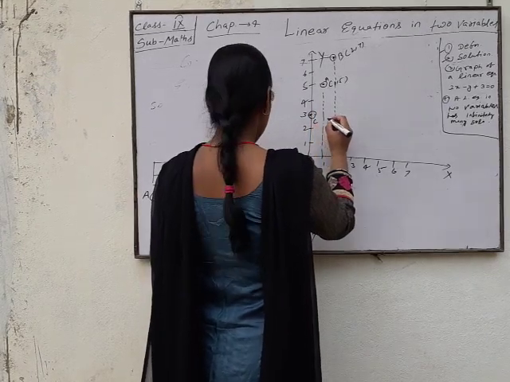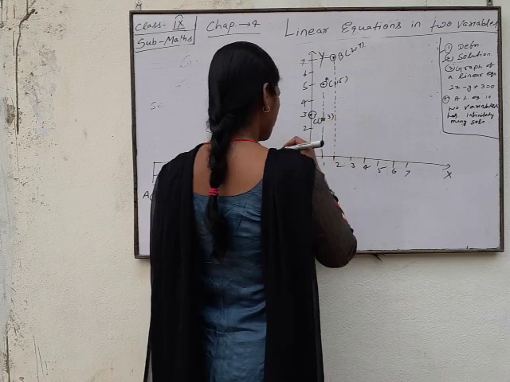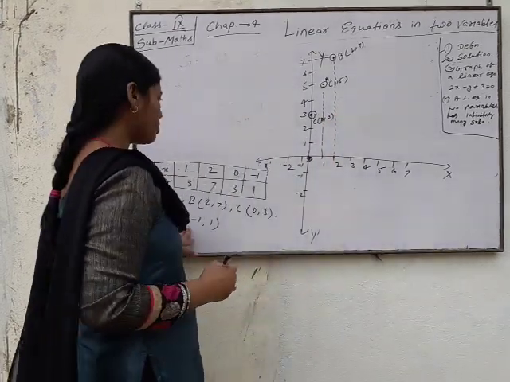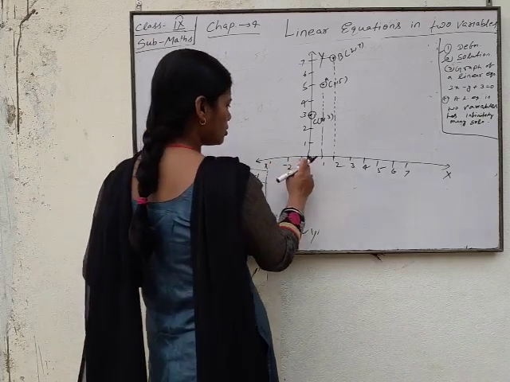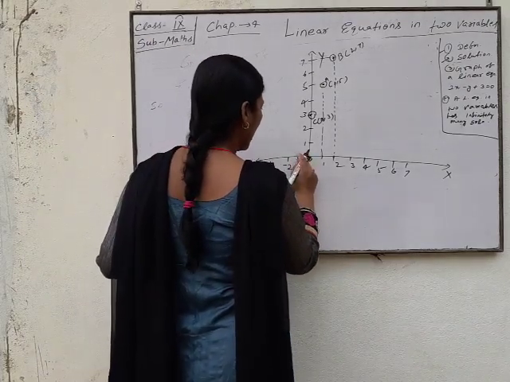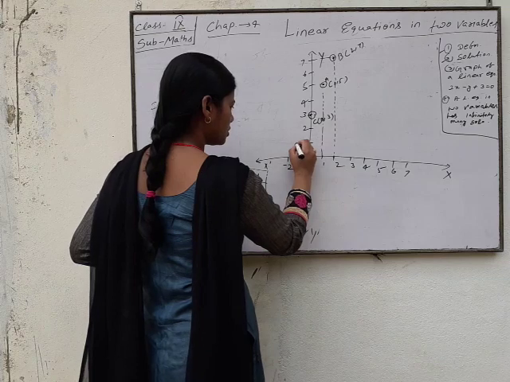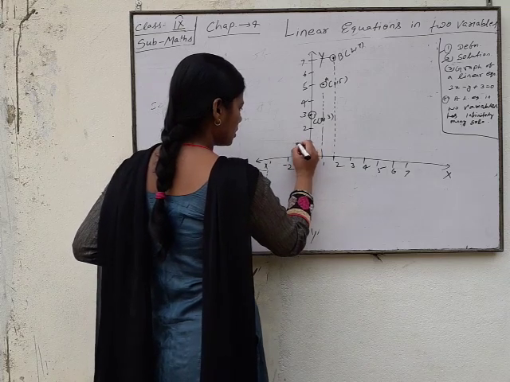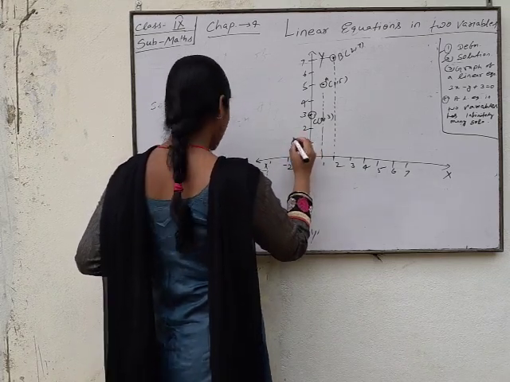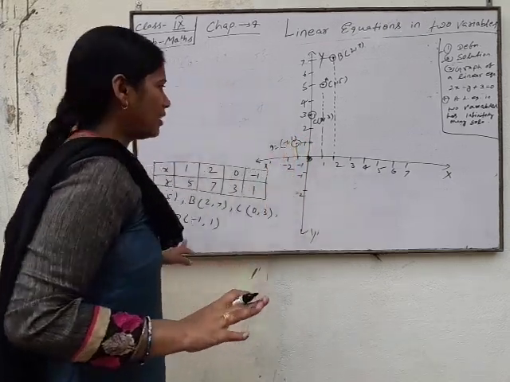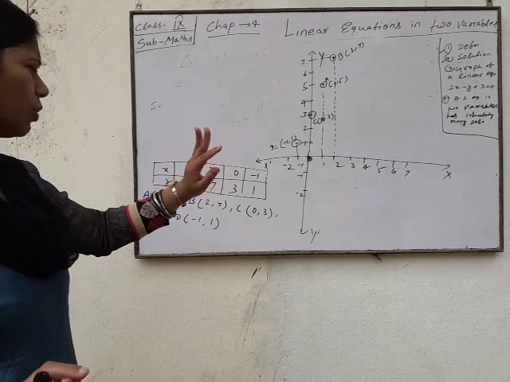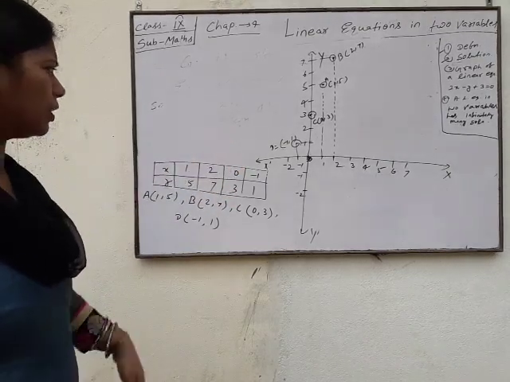C is 0, 3. And D is minus 1 and 1. Minus 1 is the value of x, this is minus 1 and 1, this point. D. Now all points have been drawn on the graph paper.